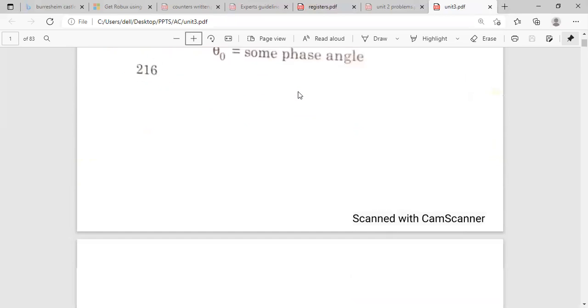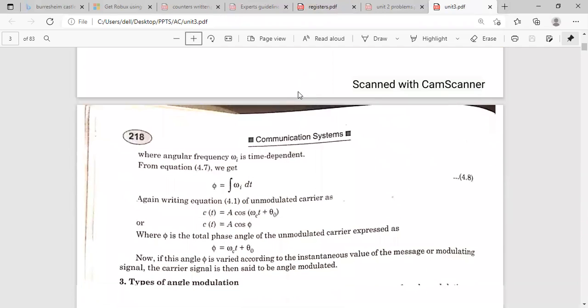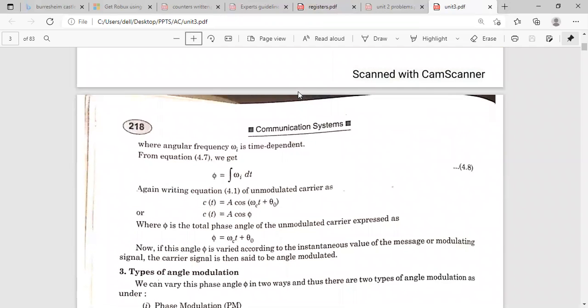So how can we define frequency modulation? In frequency modulation, the frequency of the carrier is varied with respect to the instantaneous amplitude of the message signal. In the same way, the phase of the carrier is varied with respect to the instantaneous value of the modulating signal, and that is phase modulation.